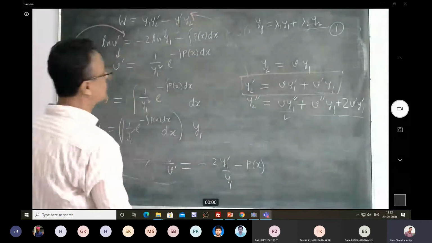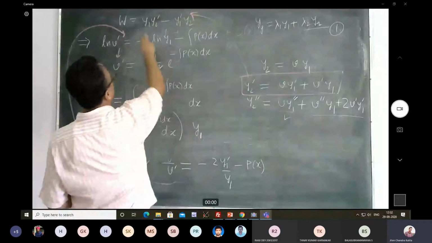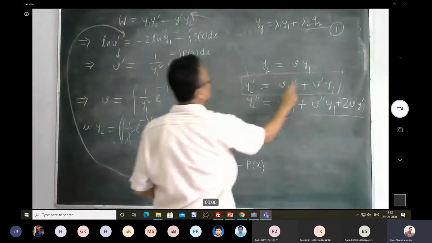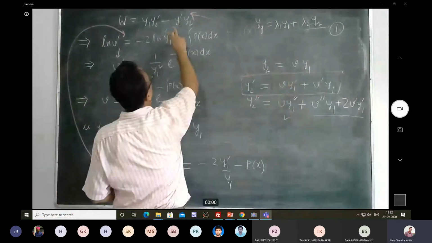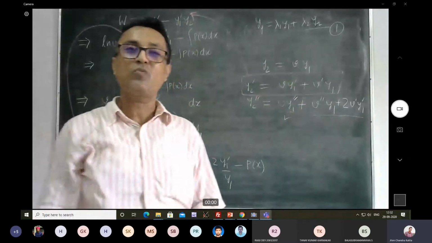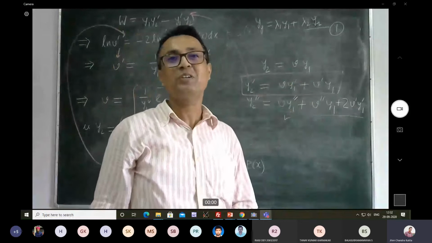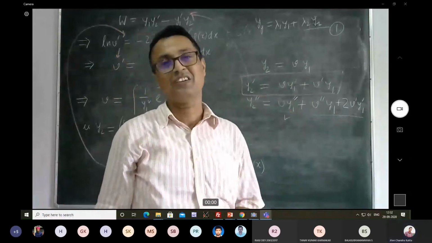For y2 prime, you simply plug in this, and for y2, you simply plug in v y1. Then one term will cancel out, and from the remaining term you can easily prove it.